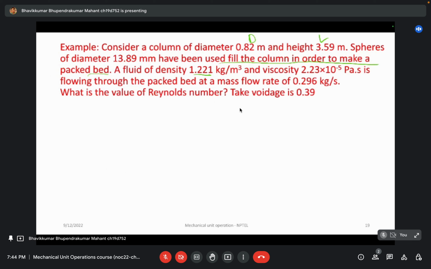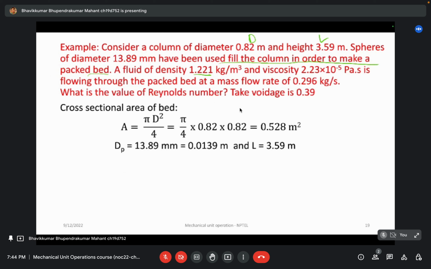So as we discussed, many times they will directly ask you to calculate the Reynolds number for particular conditions. So here you first start with the cross sectional area of the bed. Why? Because for finding the Reynolds number you require the cross sectional area of the bed, which is nothing but pi d square by 4.